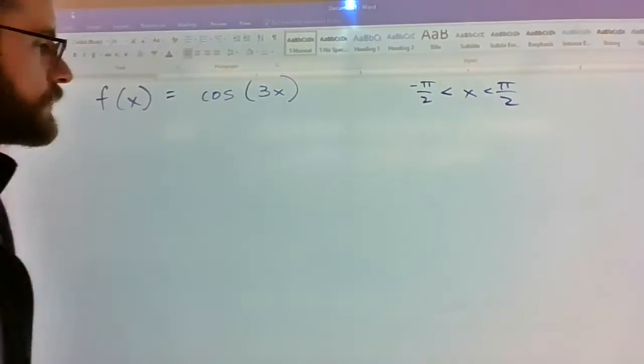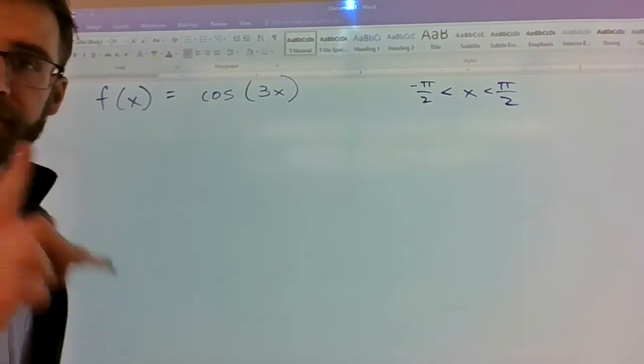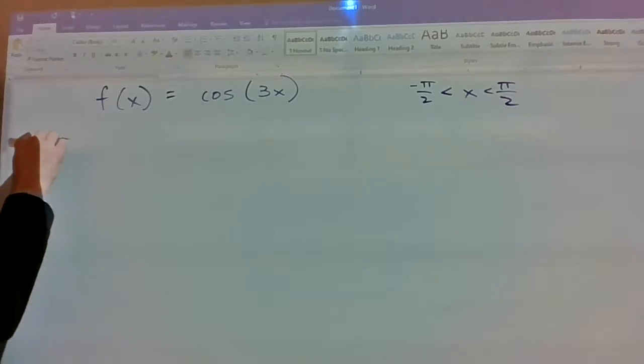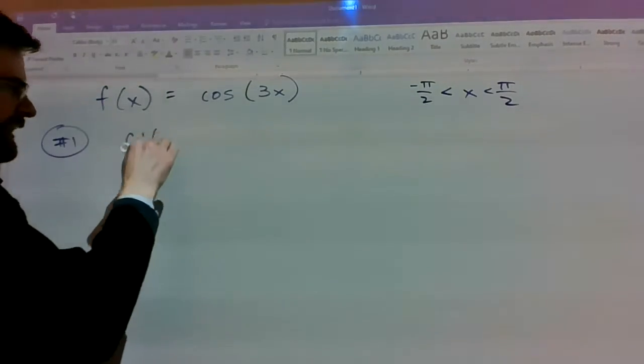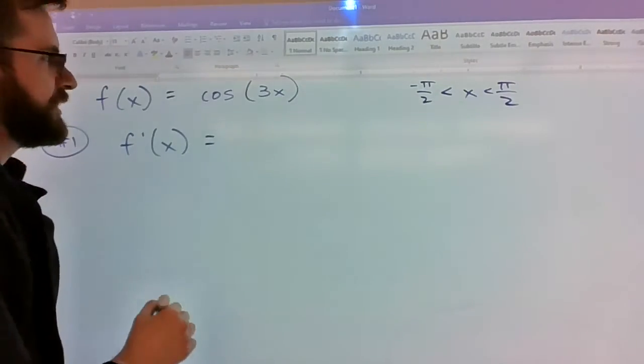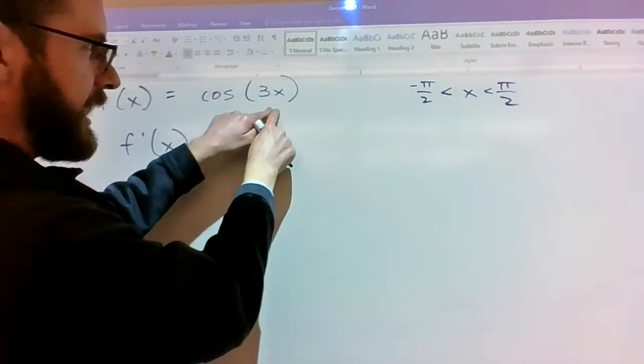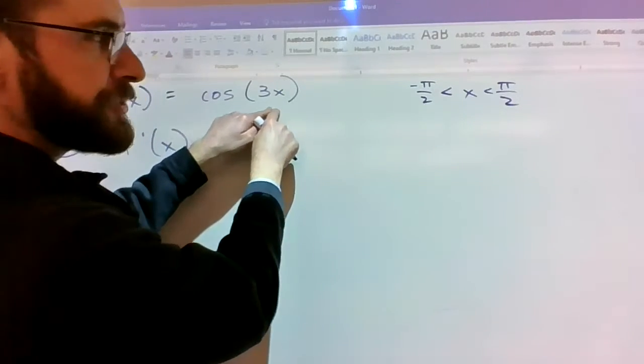Let's just see how that goes. So the second derivative test states you first take the derivative. This will be negative sine of 3x times 3.